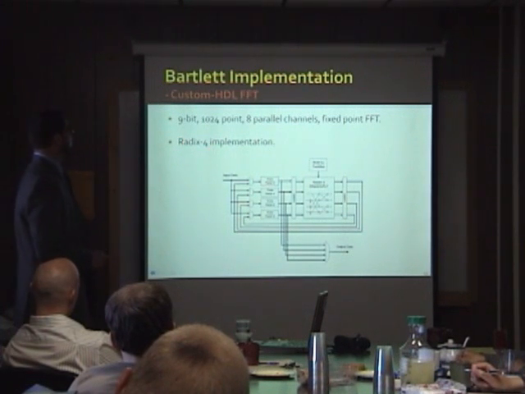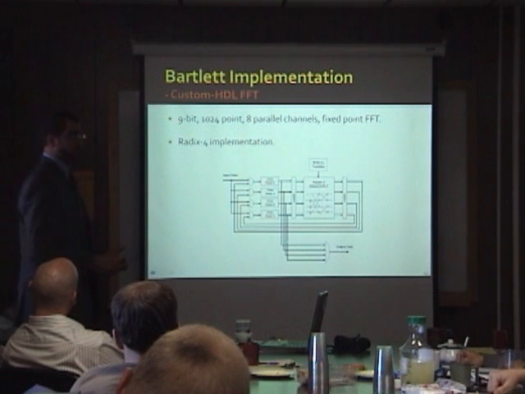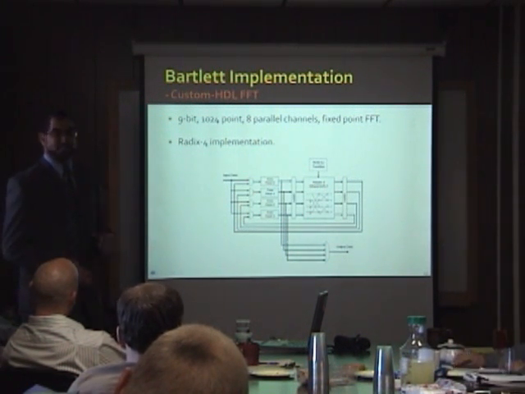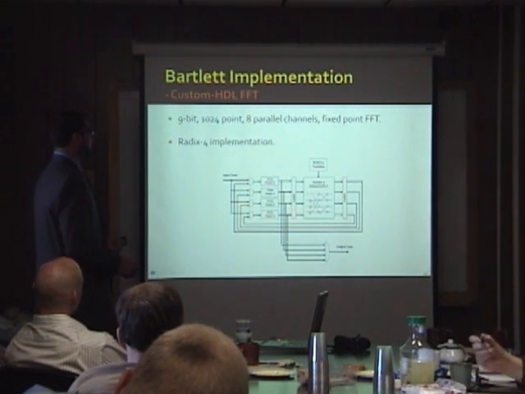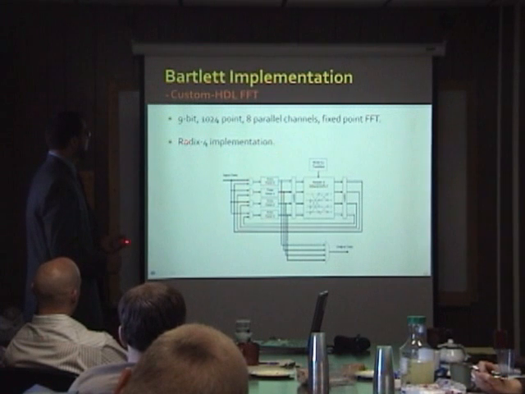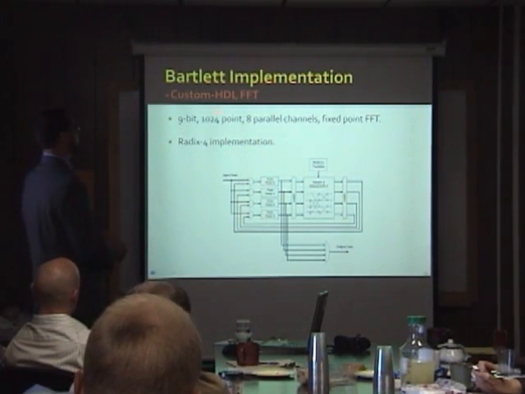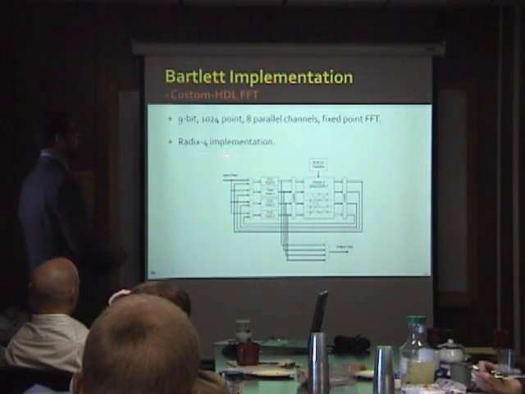Also, I use the Radix 4 implementation. It's basically the Radix 2, but they put two Radix 2s to run in the same stage. So it gives us twice as fast performance, and it only completes the transform in 5 stages for 1024 points, rather than 10 stages in the Radix 2. So basically, this means it's faster.